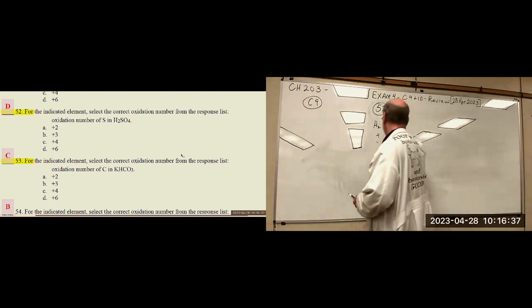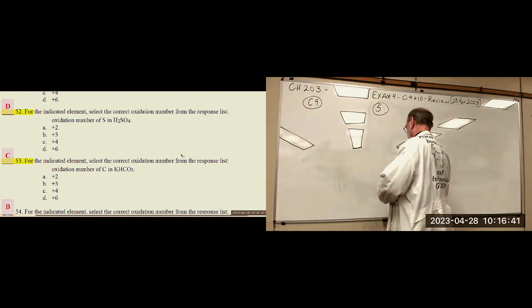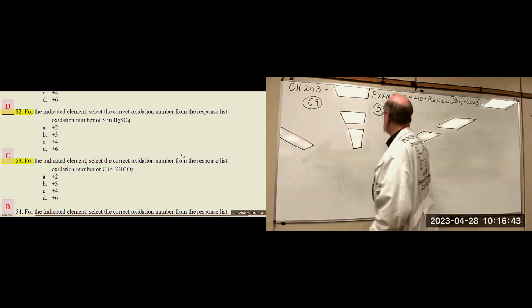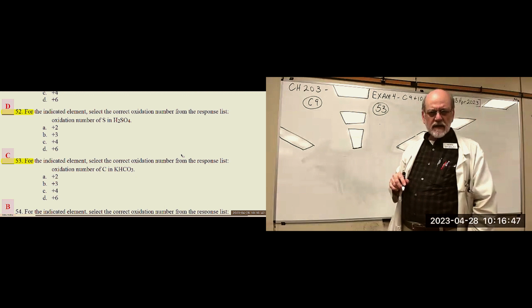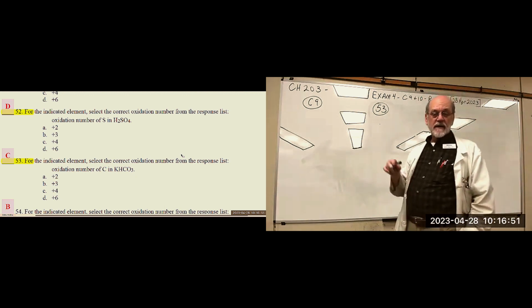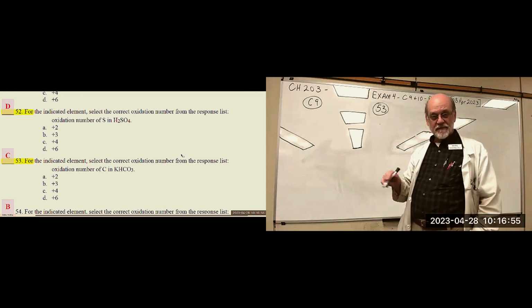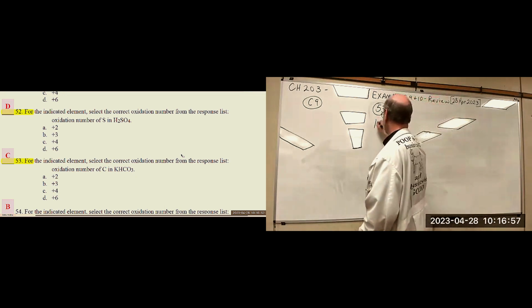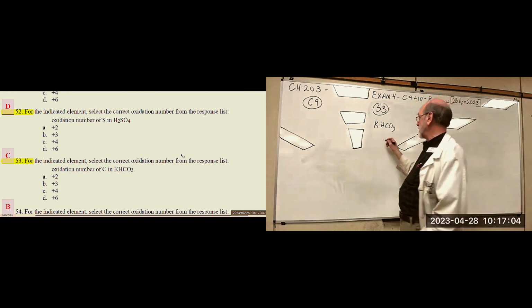53. All right. Let's see. Oxidation number of carbon in potassium hydrogen carbonate. So hydrogen carbonate is a polyatomic ion, right?